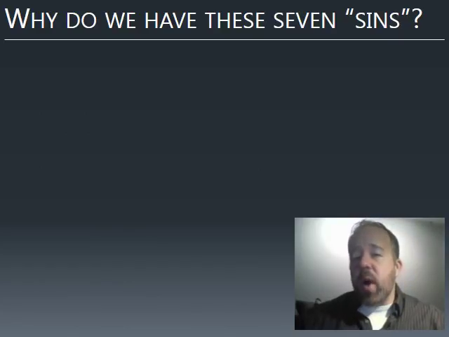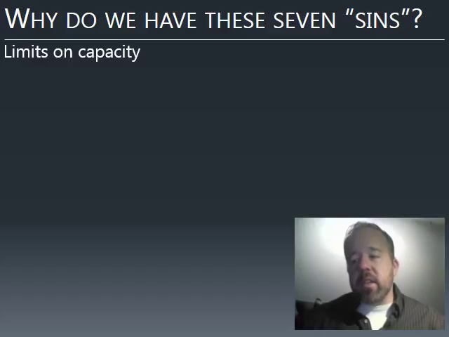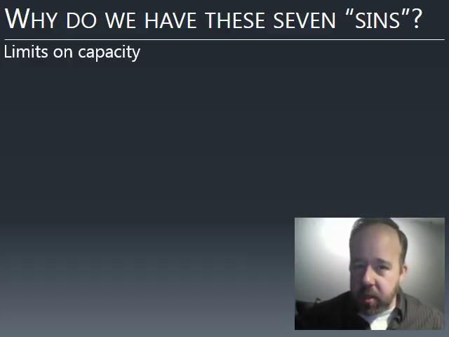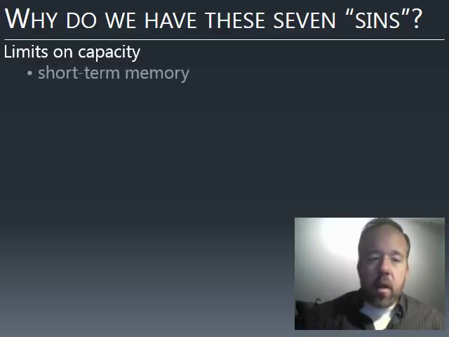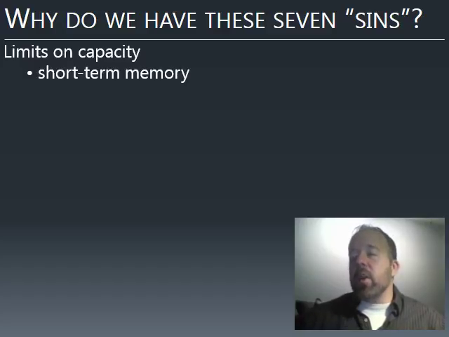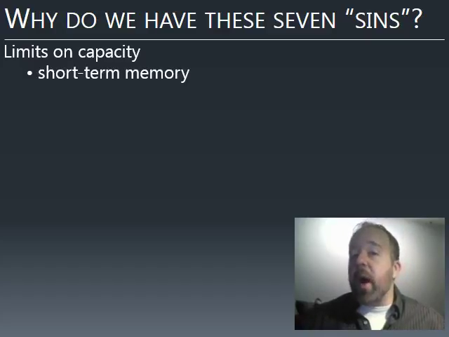So the question is why we have these seven sins of memory. Some of the answer here is that we have limits in our capacities. So we can't remember everything. We also can't put everything into short-term memory. Again, our long-term memory doesn't seem to have a capacity, but our short-term memory does. And so that may form sort of a bottleneck.